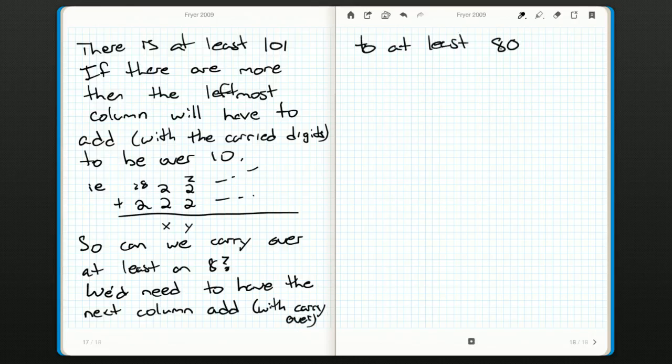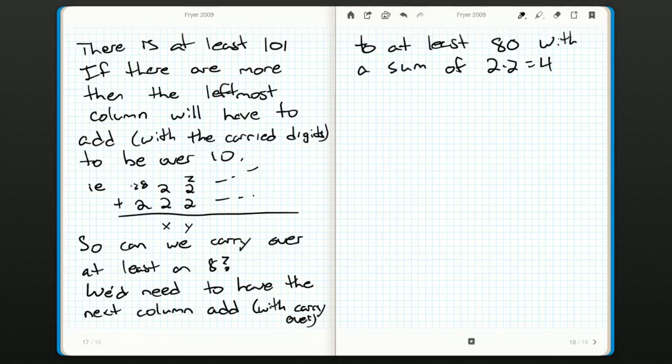Now that's not the weirdest thing we've seen so far. We've seen a sum of columns with the carryover add up to 220. So it's not completely out of the realm of possibility. Now, these two add up to 4, so our carryover is going to have to do a lot of work.